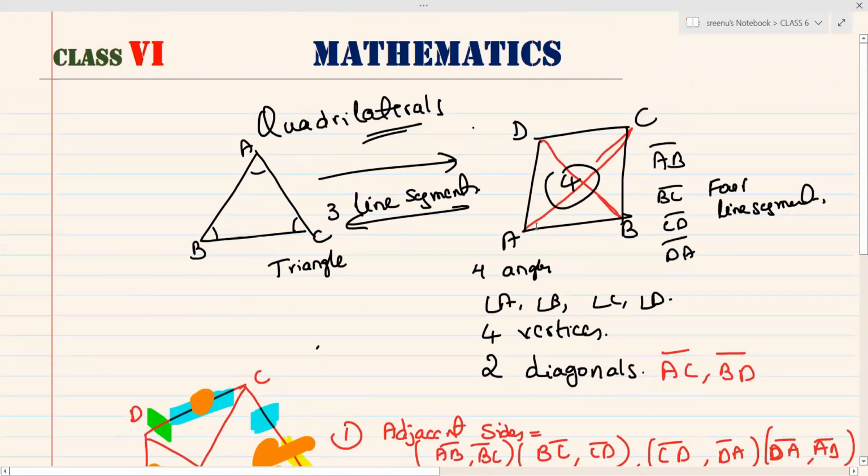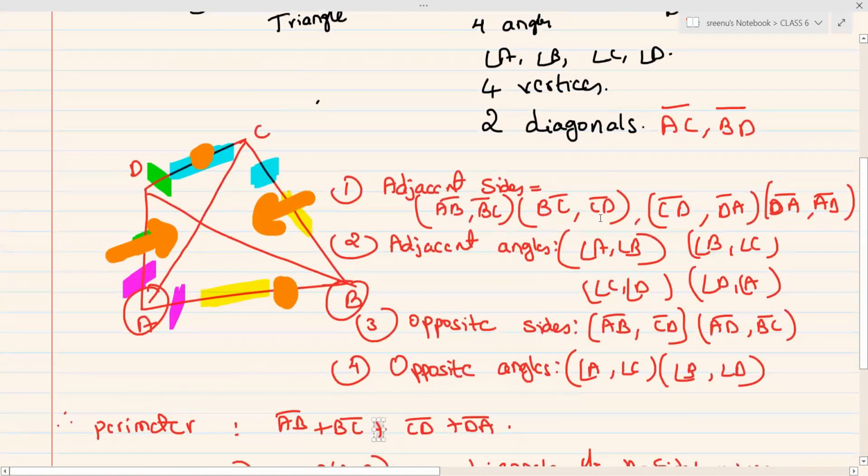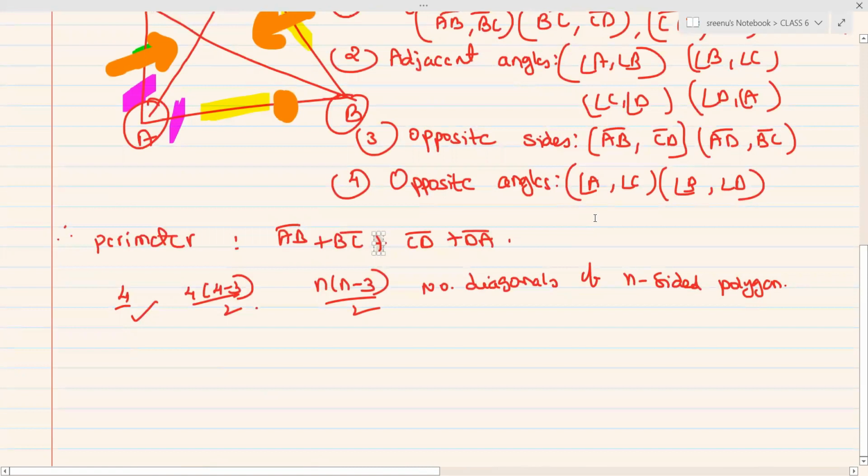A quadrilateral is a simple closed figure bounded by 4 line segments. The 4 line segments are said to be sides, with 4 angles, 4 vertices, and 2 diagonals. Then adjacent sides, adjacent angles, opposite sides, and opposite angles. Perimeter and number of diagonals.